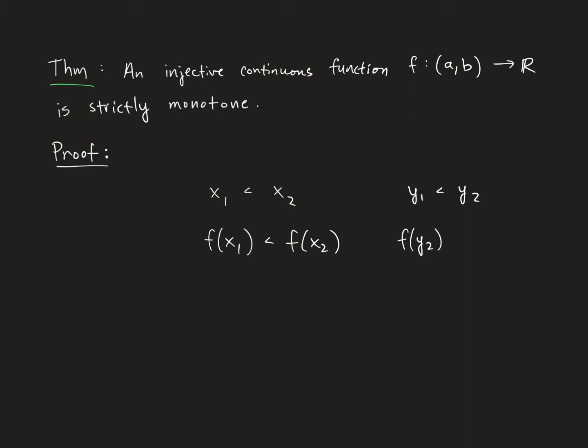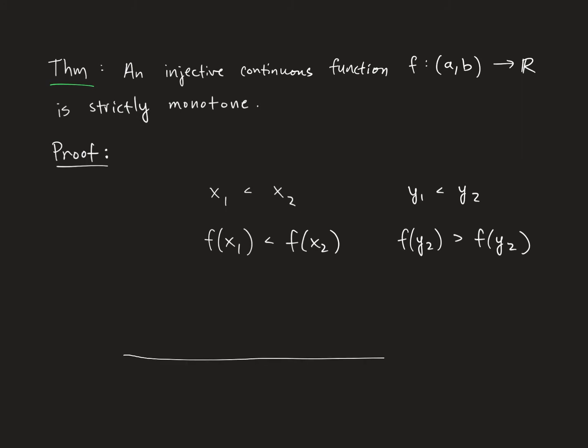And of course, if we had equality here, that would automatically tell us that it wasn't injective, so we'll just consider the strict case. Okay, so if you have this set up, you can basically try to use the intermediate value theorem to show that the function is not injective.